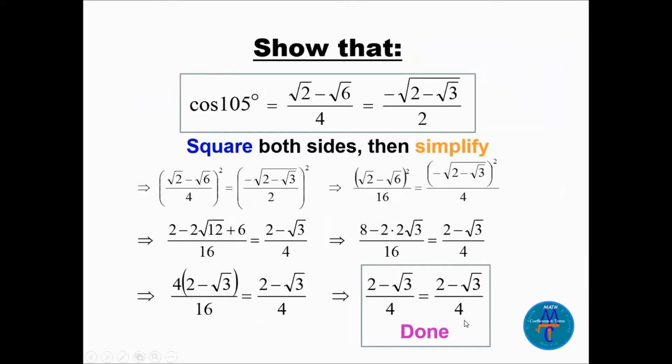Let's do it. Let's show in this slide that these two numbers are equal and that these are the value of cosine 105 degrees. Let's square both sides.